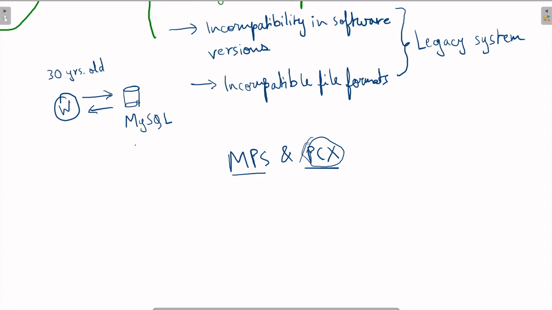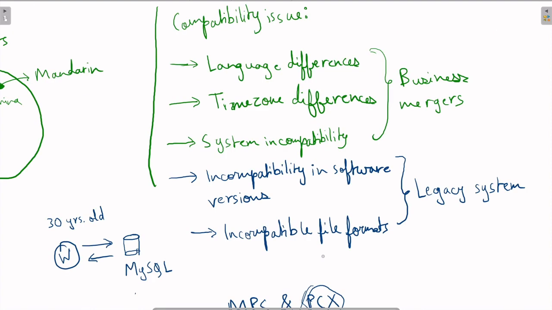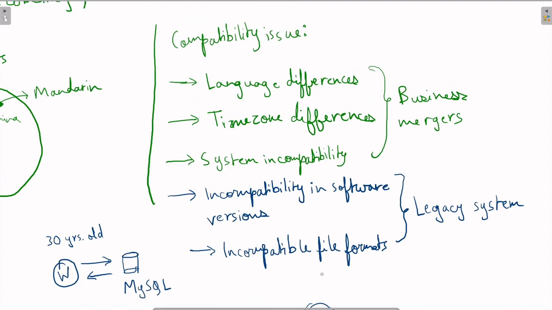So in that case, the output that image editing program would give you, this PCX file, wouldn't really be useful for us. So that is again a point of conflict, and that is therefore incompatible file formats. That's the point here.